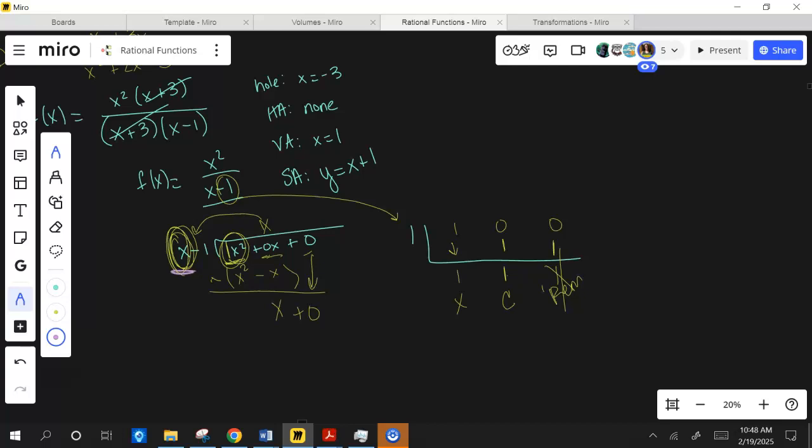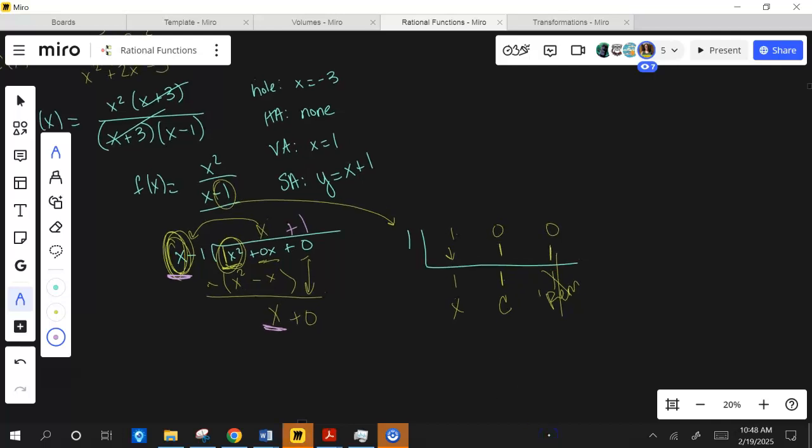What do I multiply x by to get x? 1. No, because you're subtracting.